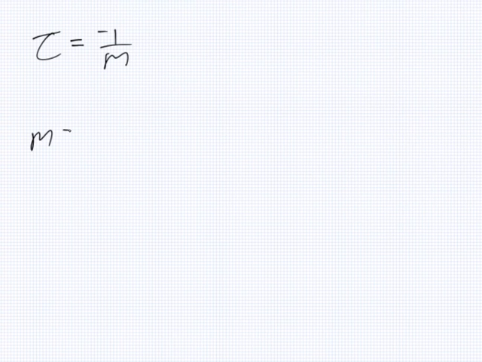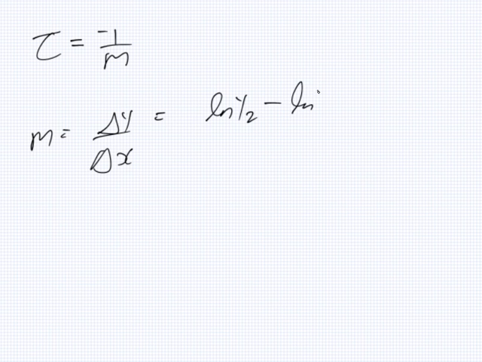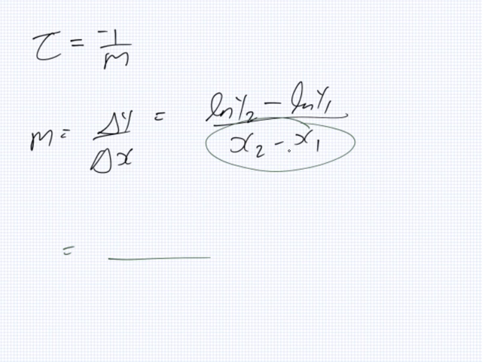And what's the slope? It's the change in y over the change in x. So the change in y, that's log y2 minus log y1 over x2 minus x1. Now what units are these? The x's. Milliseconds. Now, if you look at the top, what's the y2 and the y1 in?